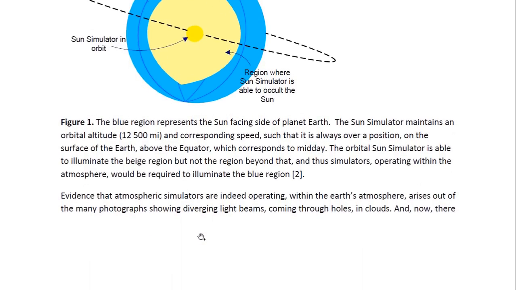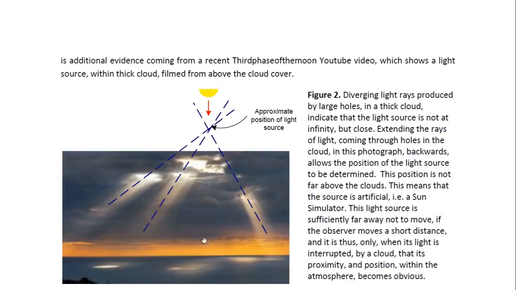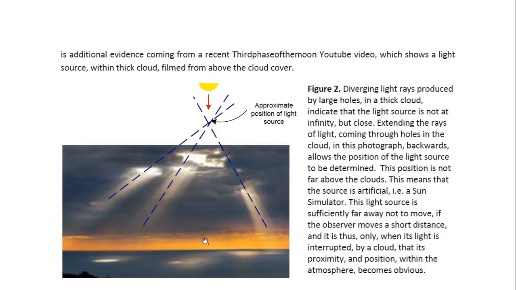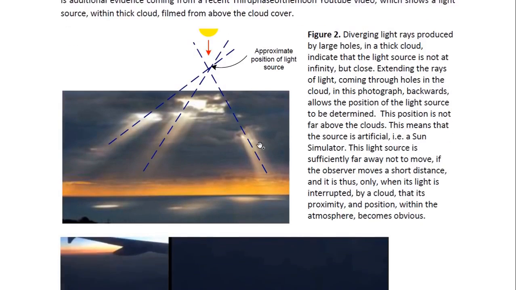Now, evidence that atmospheric simulators are indeed operating within the Earth's atmosphere arises out of the many photographs showing diverging light beams coming through holes in clouds. And now there is additional evidence coming from a recent third phase of the moon YouTube video, which shows a light source within thick cloud filmed from above the cloud cover.